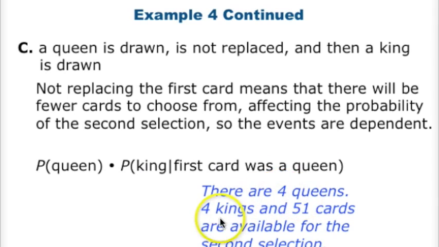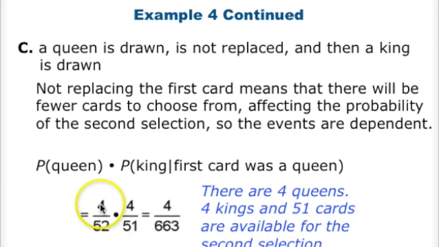There are 4 queens, and there are 4 kings. So the second draw is going to be 4 kings, but there's only 51 cards available for the second selection. So we have 4 queens out of 52 times 4 kings out of 51. Multiplying straight across the top and the bottom gives us 4 out of 663 for our probability.